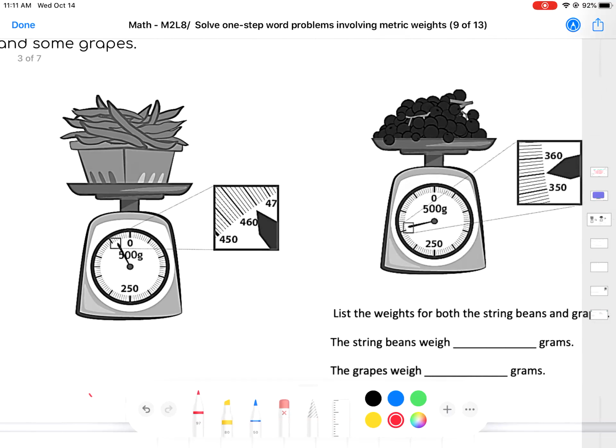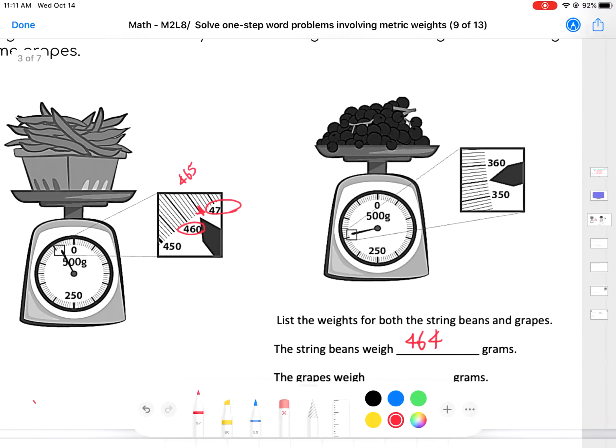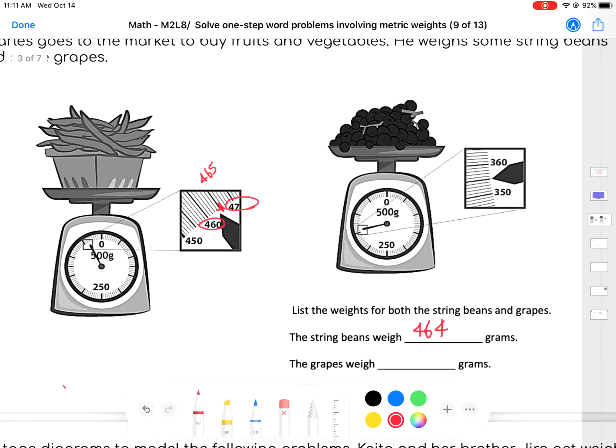When we look at the first scale, which is string beans, the pointer lies somewhere between 140 and 170. And then this is our half point, which is 465, but it's one less than 165. Then we know that it's 464.